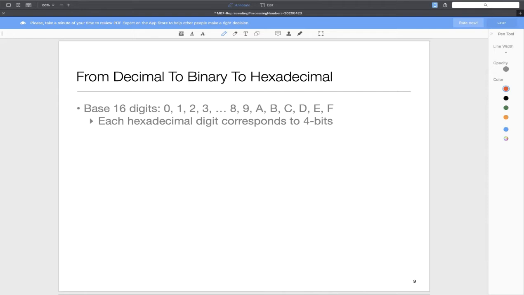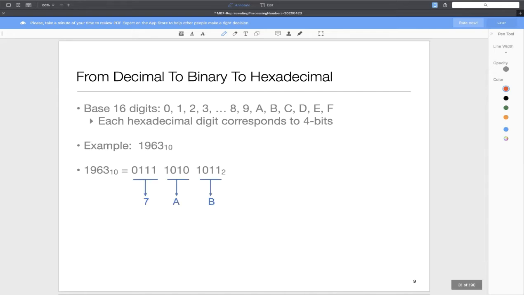So it's very common that we group bits, and therefore the group size will be a power of 2. Usually 16 gets used because I can add a few letters and then form a hexadecimal symbol. So groups of 4 bits correspond to a hexadecimal digit. For example, 1963 in base 10 is written as 0111, 1010, 1011, and then we group it into these groups of 4 and write it as 7AB.